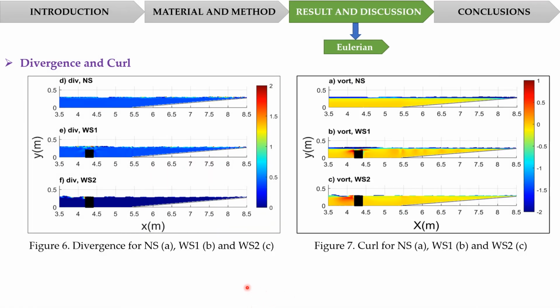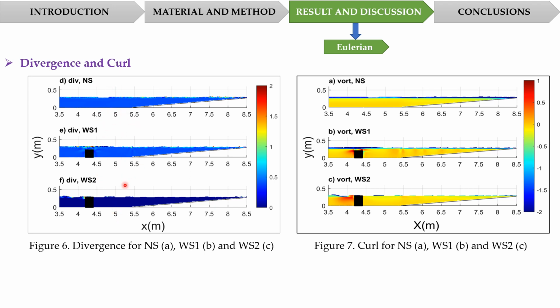Figure 6 and figure 7 show divergence and curl for 3K, NS and WS1 and WS2. We will consider 3K structure and non-structure. In figure 6, when we have structure and increase the structure height, we can see the divergence is reduced.